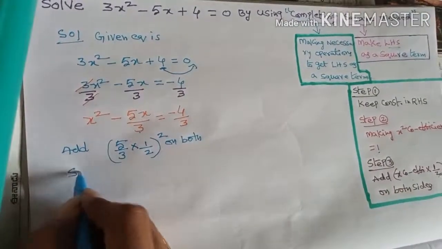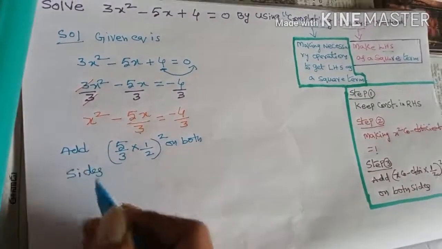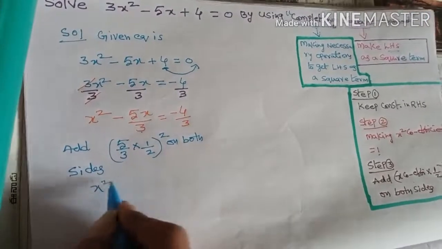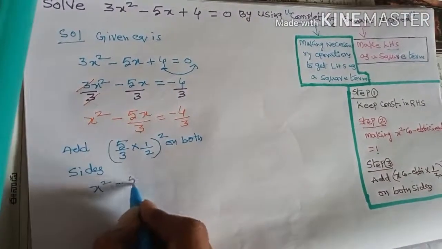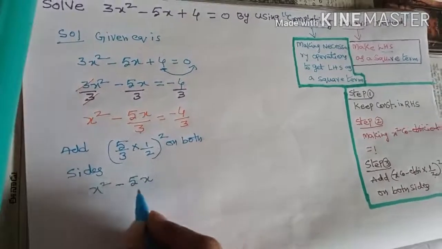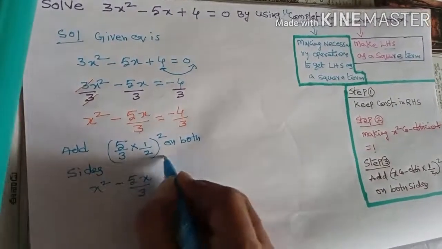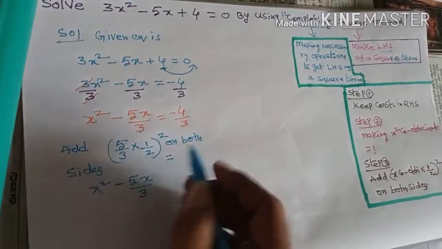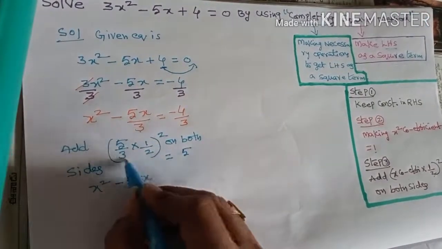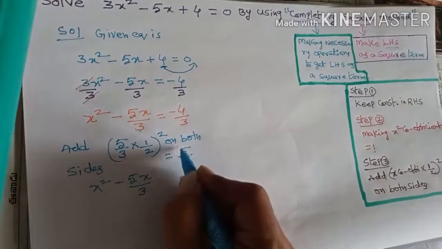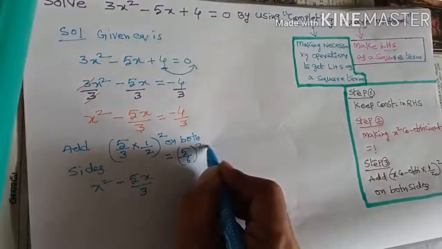Then x square minus 5x by 3, you have to add 5 ones are 5, 3 twos are 6, it is nothing but 5 by 6 whole square.